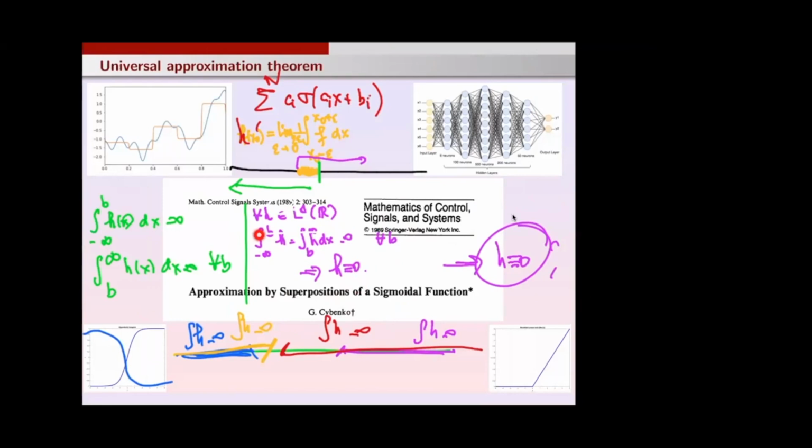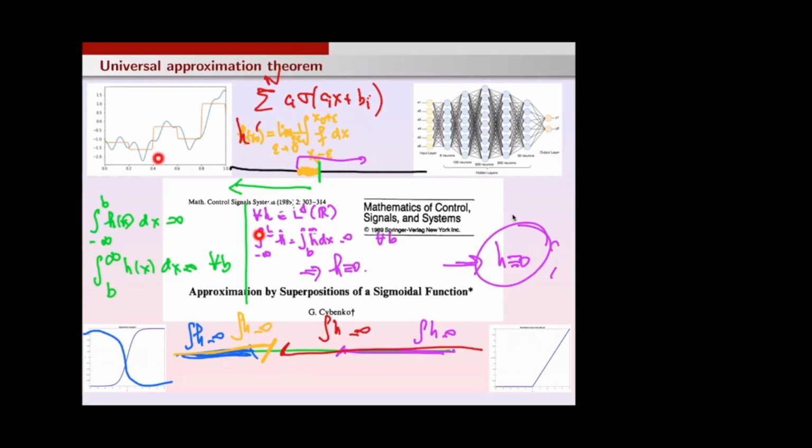Because once I know that every function can be approximated in this manner, I know that the only thing I have to choose is just a number of parameters, right? So if you tell me that such things are sufficient, then the only thing I have to choose is the A, the B, and the C.